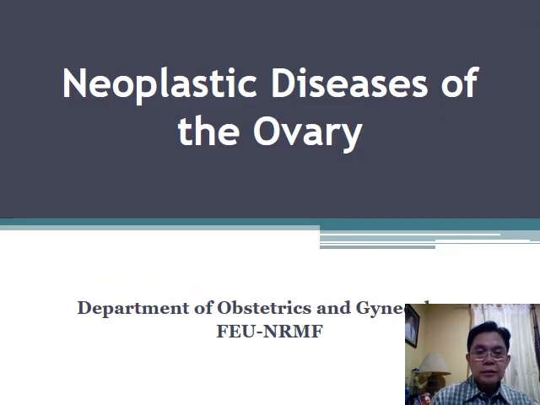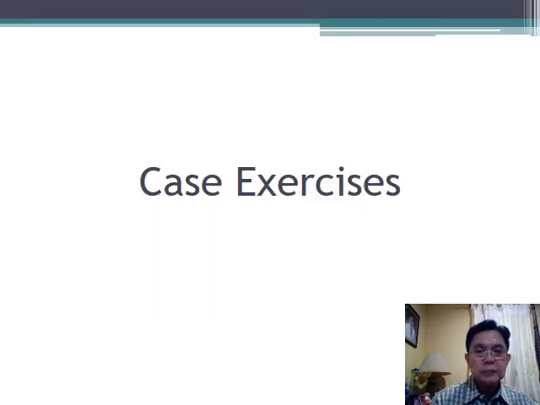So I think we have discussed ovarian cancers, the different types, up to the different histologic types. I would recommend that you read on additional topics like tumor markers and the utilization of scoring systems.